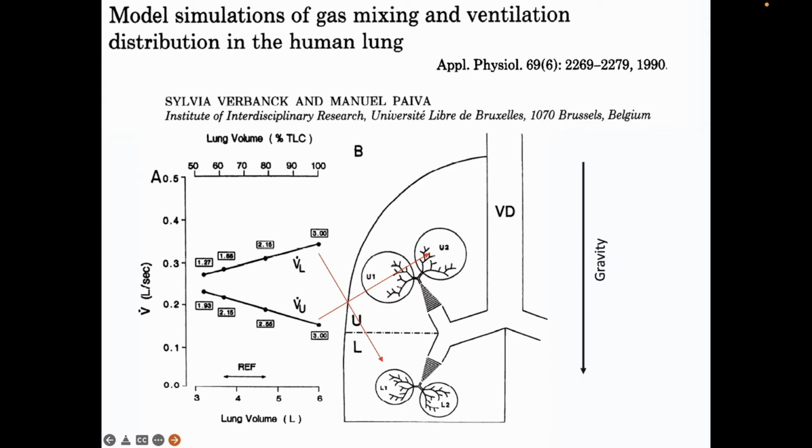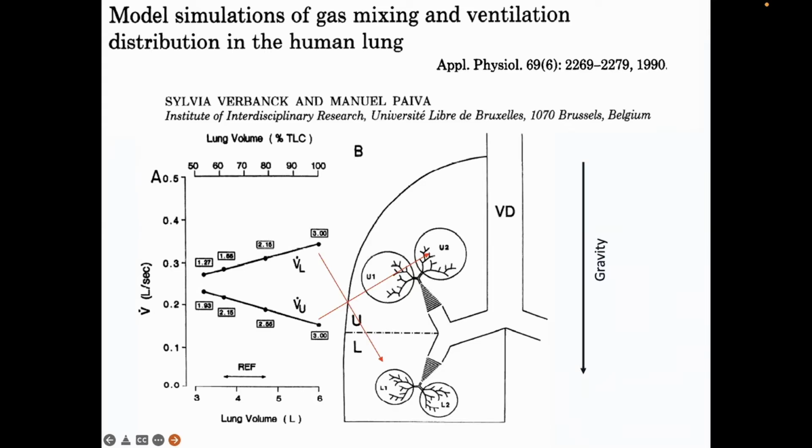However, if you then perform a slow inspiration to total lung capacity, that's on the left side, you can see the volume change that occurs is higher in the dependent, so the lower parts of the lung.